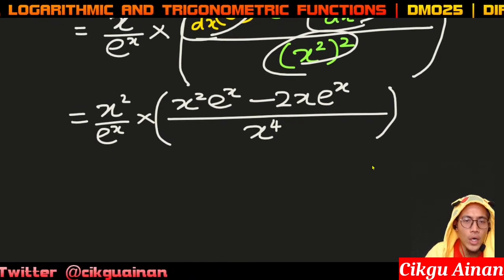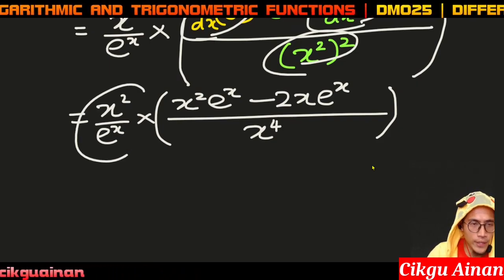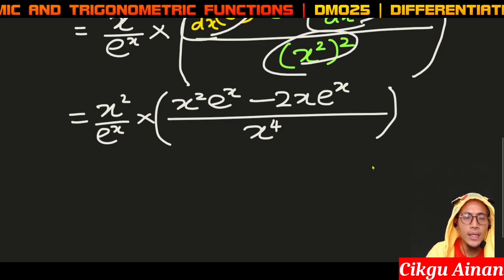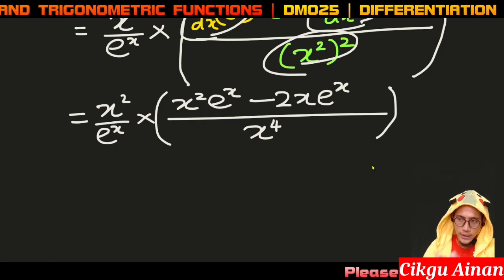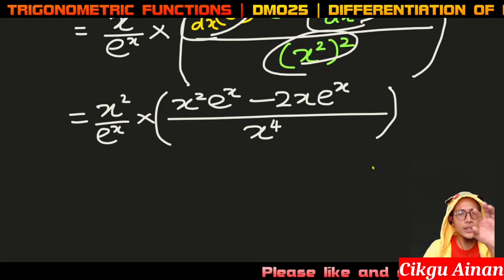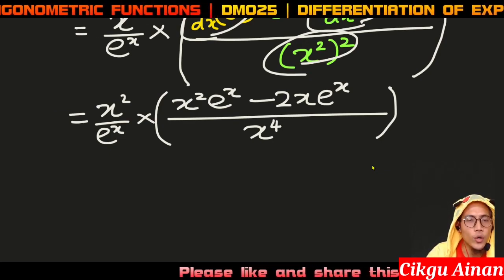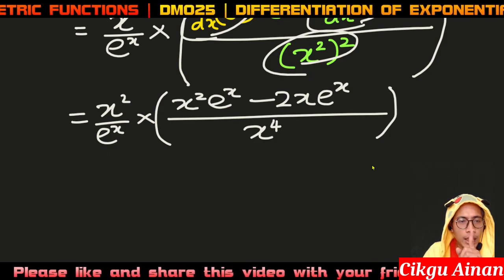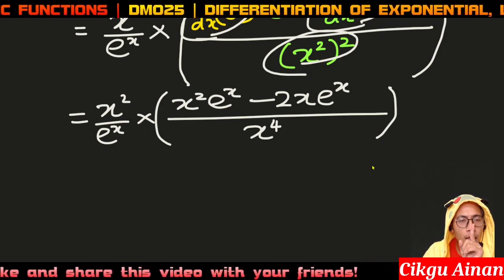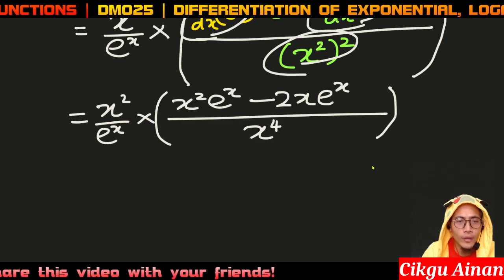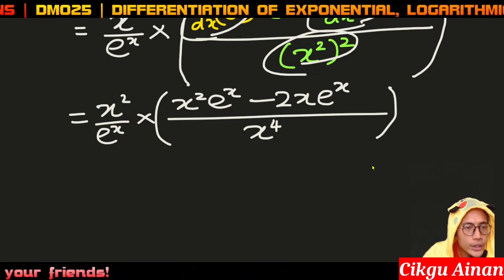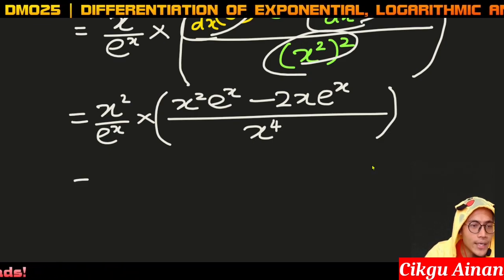Now, from here, we know fraction multiplied by fraction, so we multiply numerator by numerator and denominator by denominator. But no need to multiply yet. We can cancel, can we? Oh, not yet. In order to cancel, we have to factorize what we can.